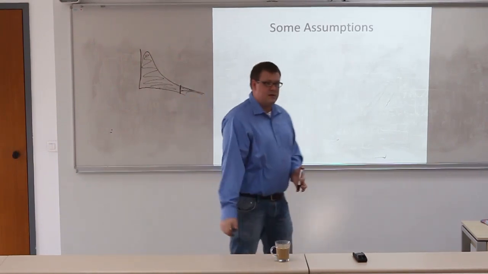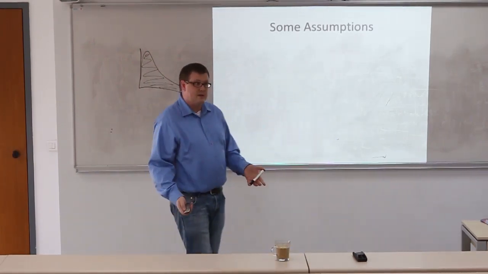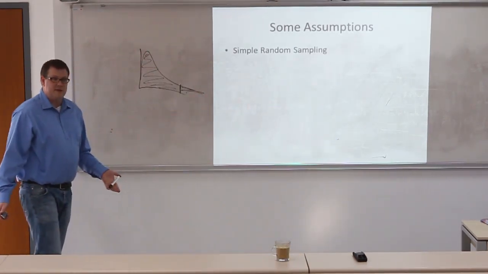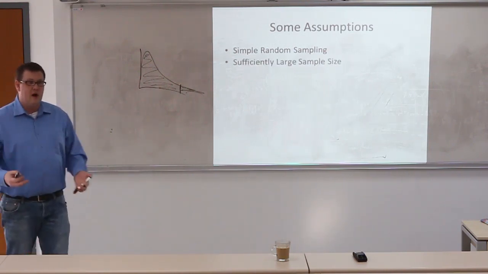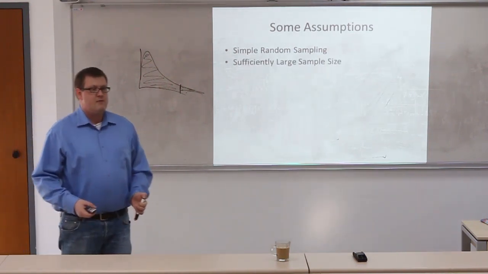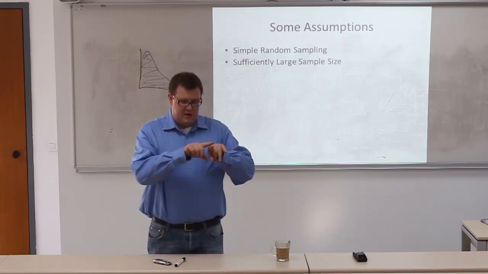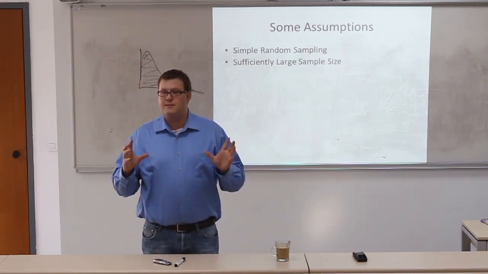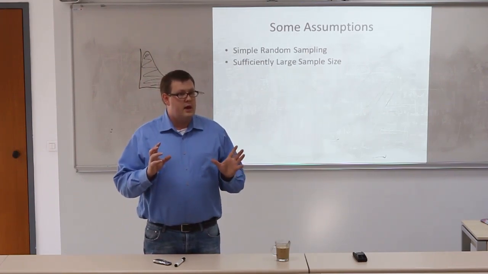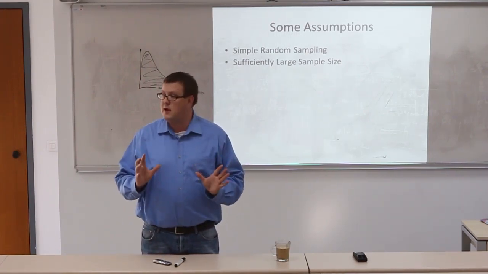Okay, so some assumptions in the chi-square. Just like in our other tests, we had some assumptions. Simple random sampling, a sufficiently large sample size. This is important because the chi-square distribution describes sums of squares. And it describes a particular type of sums of squares.